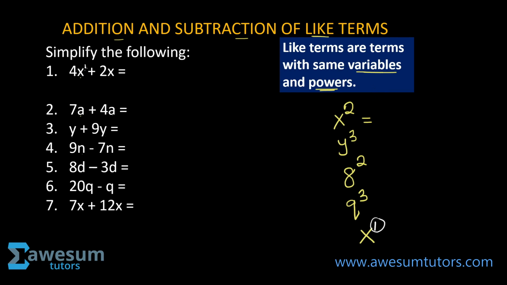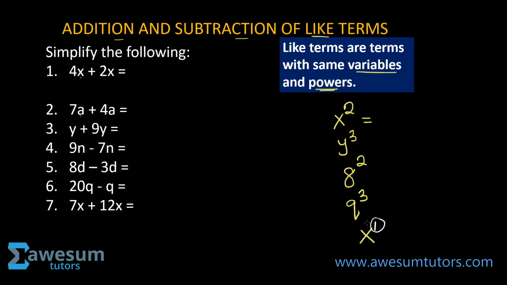So like terms are terms with same variables. That means they both have the same letter, x, and the same power. This is raised to power 1. This is raised to power 1. This is raised to power 1. 7a, 4a, a is raised to power 1.